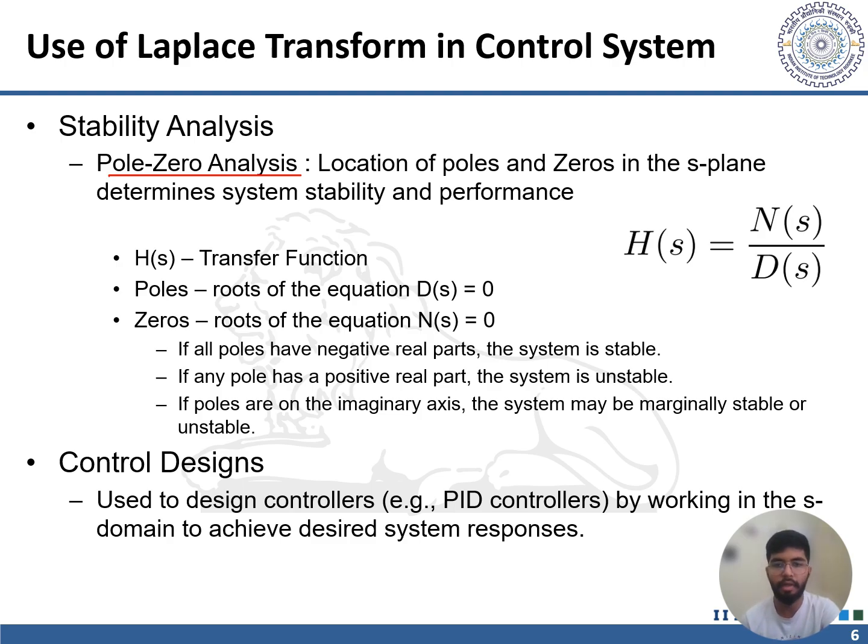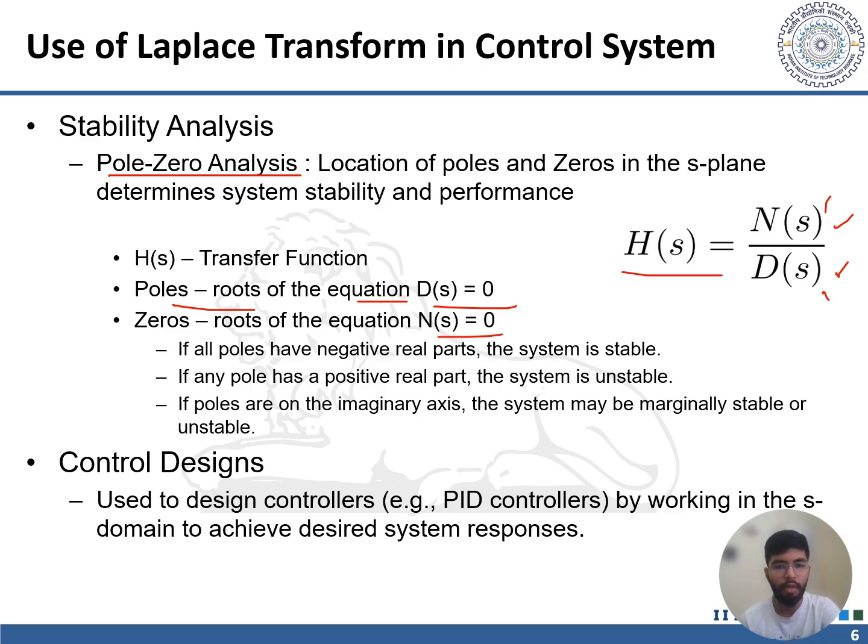First of all, we calculate the transfer function of that system, and we get a numerator and denominator, like output and input. Poles are the roots of the equation of the denominator, D(s) equals 0, the input side. And zeros are the roots of the output equation, N(s) equals 0, numerator equals 0.